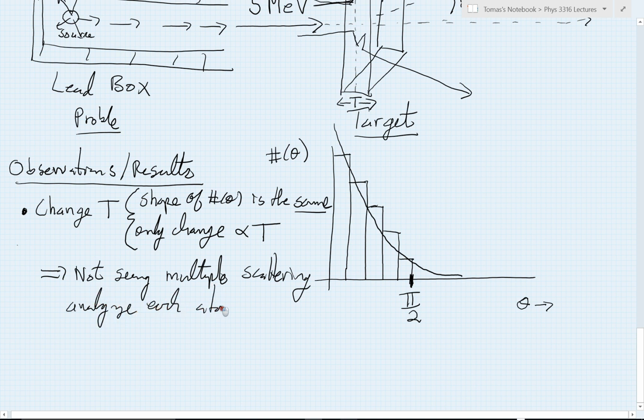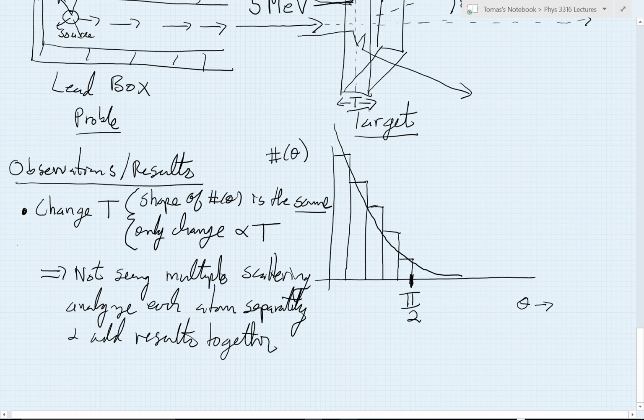Each atom is just scattering particles. Some completely miss my atom, some bump into it, but I don't have to worry about multiple scattering, so I can just analyze each atom separately and then add the results together, which is going to make our analysis much, much simpler.